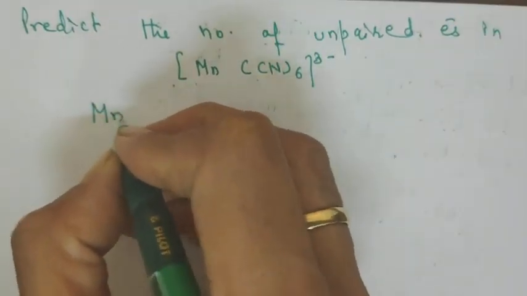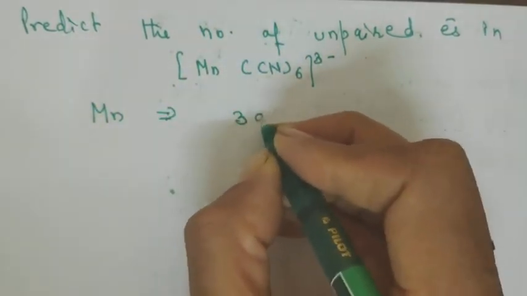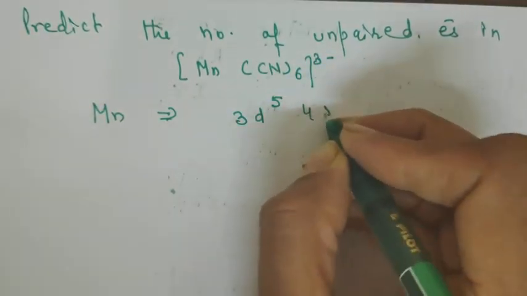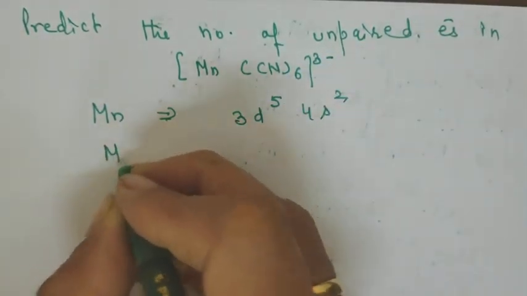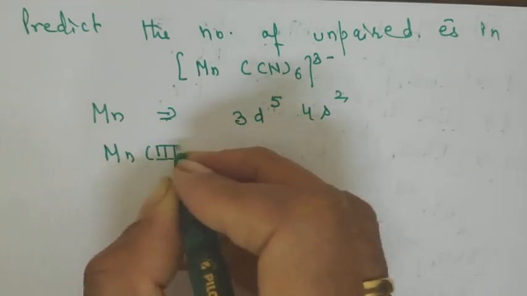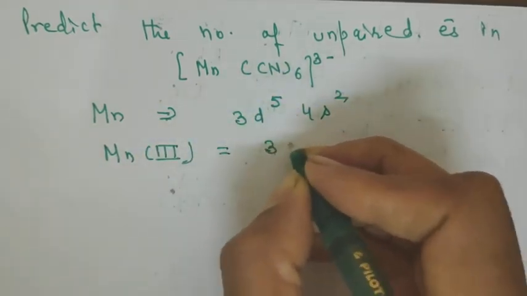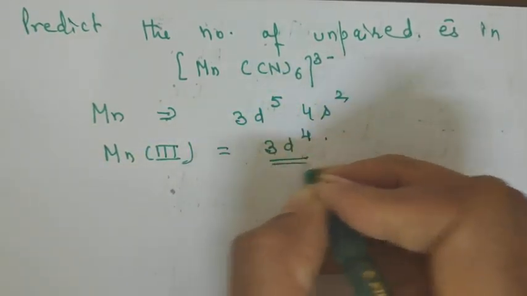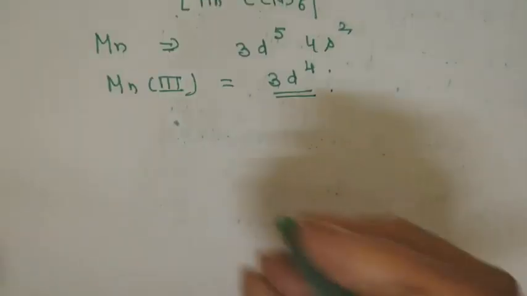Manganese has electronic configuration 3d5 4s2. Manganese is present in 3 oxidation state, so it will be 3d4.